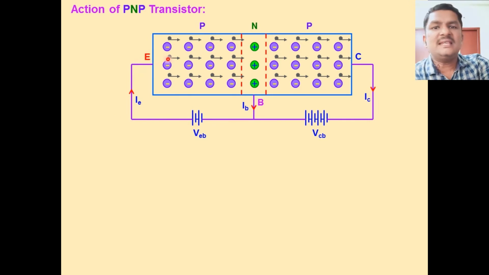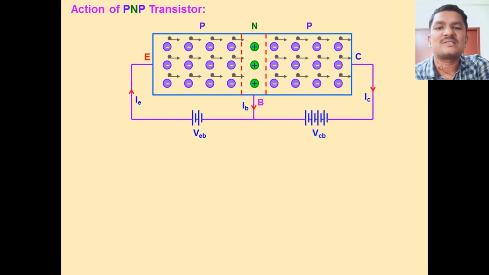This positive terminal of the emitter base battery pushes the majority charge carriers in the emitter region to the base, but the base is lightly doped.